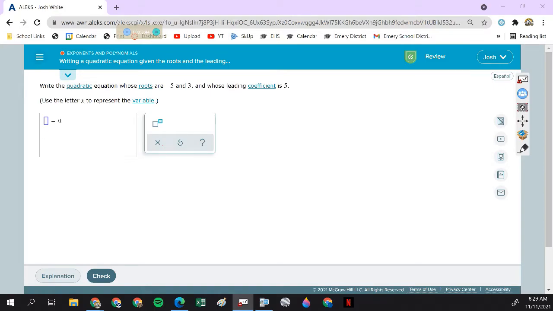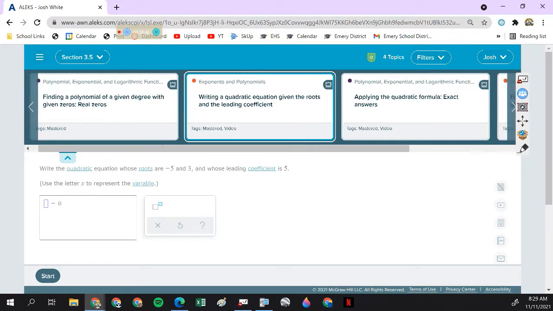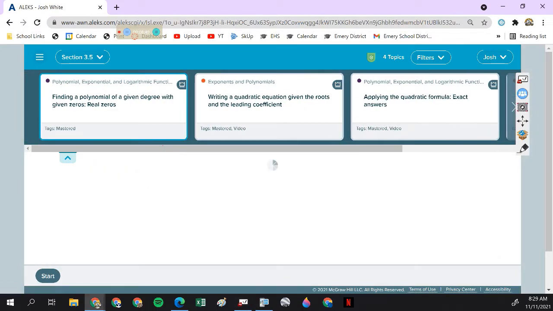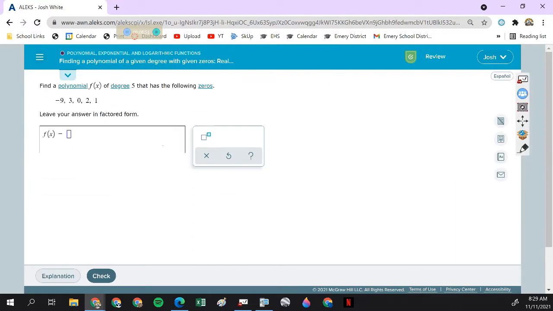Okay, last problem. Okay, we want to find a polynomial that has those 5 numbers as roots. So what would the factor be that creates x equals -9?